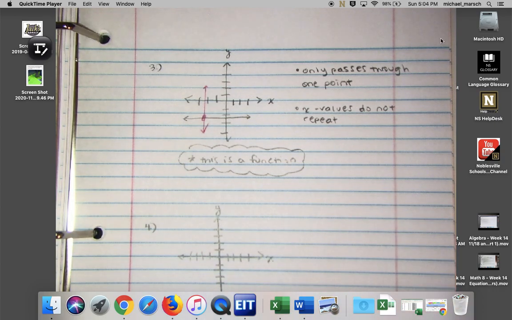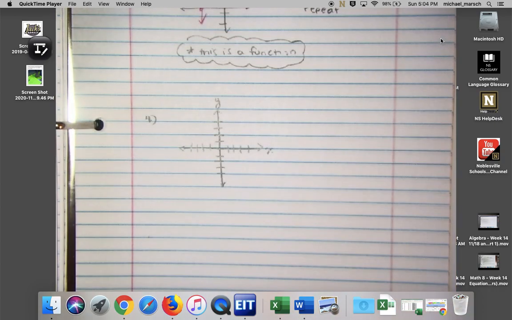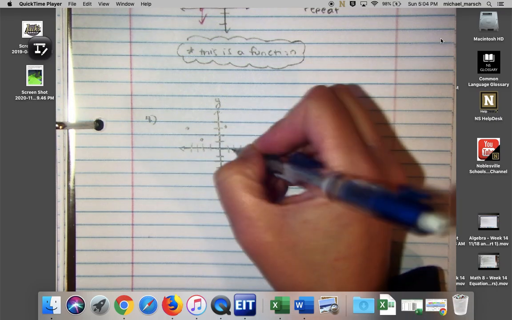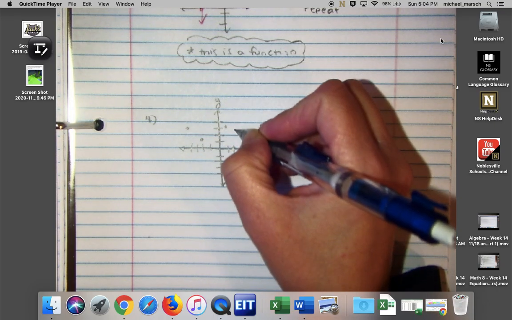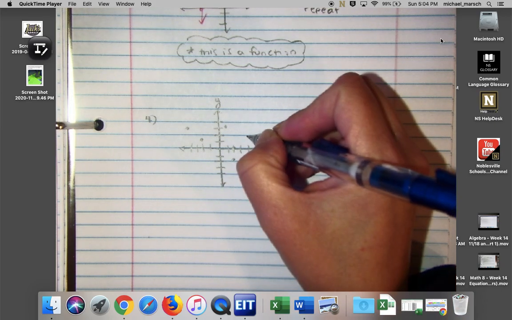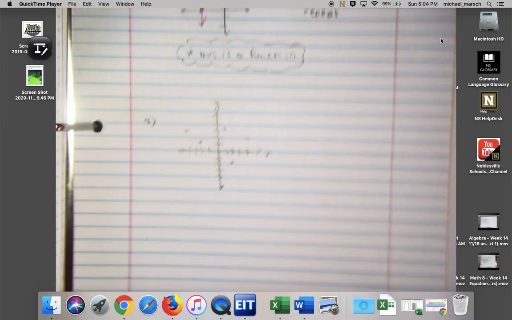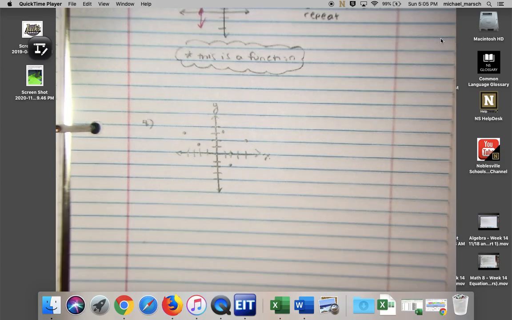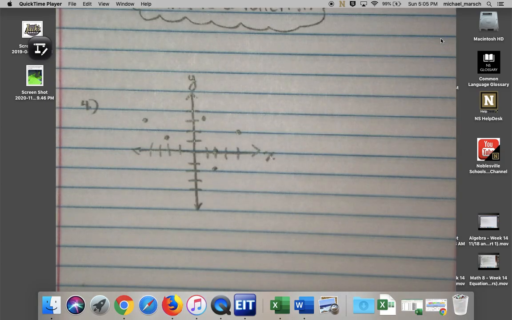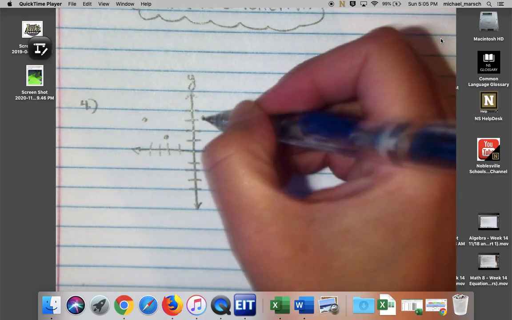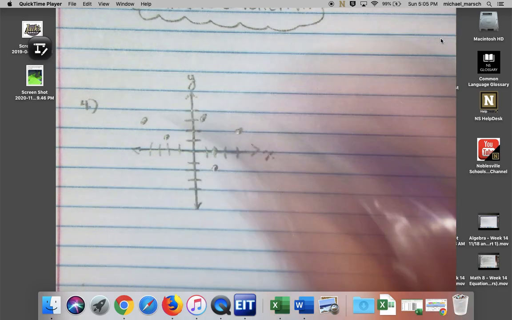Okay, so if I just put all these random points on my coordinate plane, right? So I have this one here, I'll make these kind of bigger so you can see them.